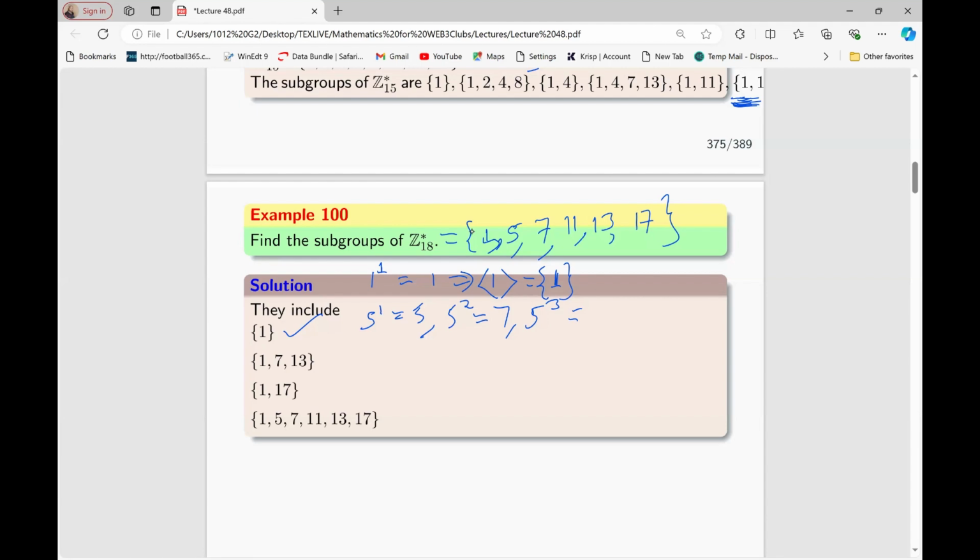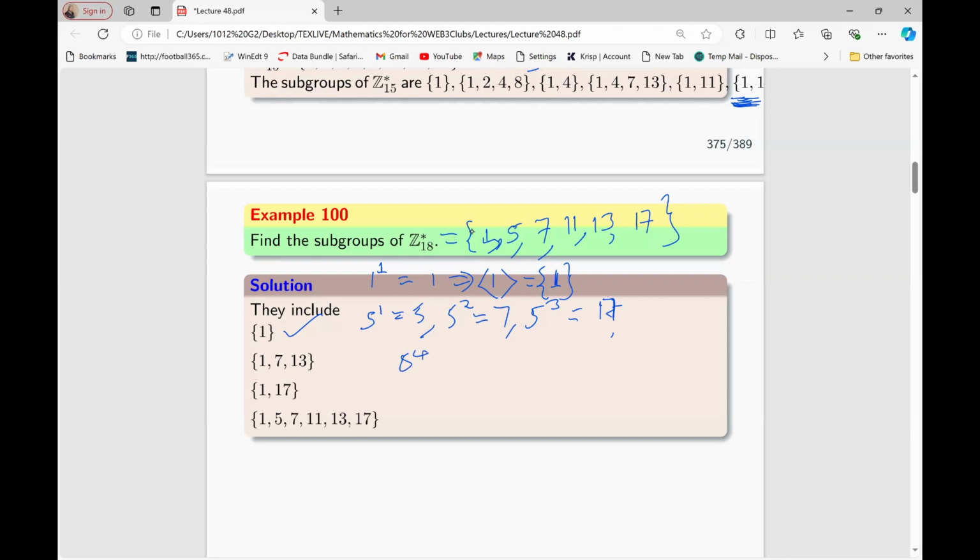Mod 18, if 18 was going into that 35, the remainder will be 17. The remainder will be 17.